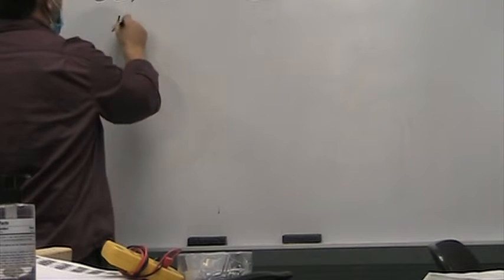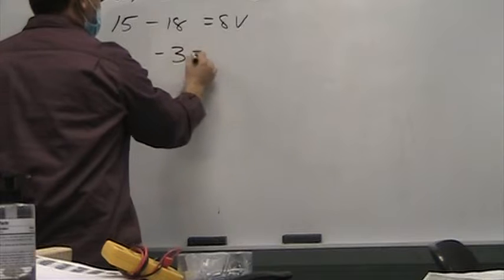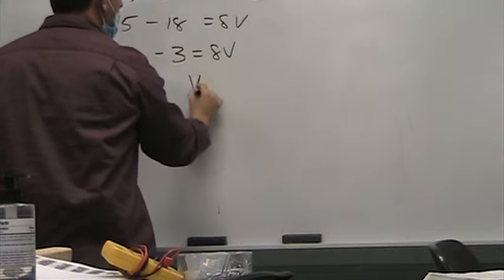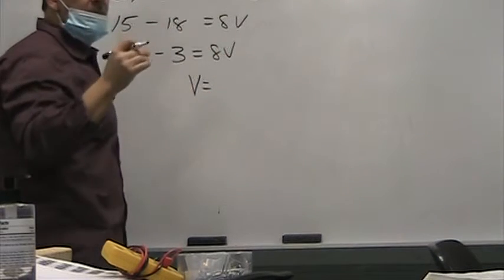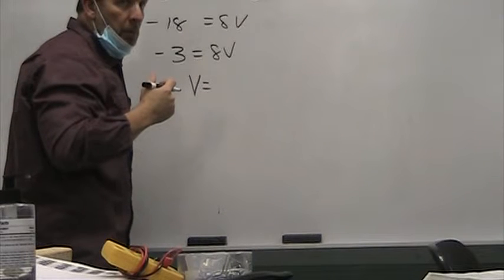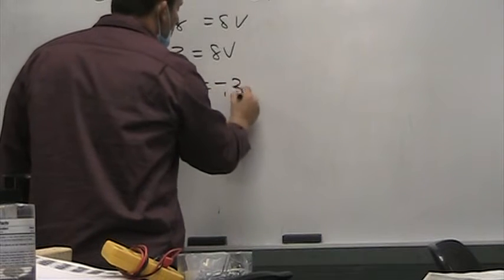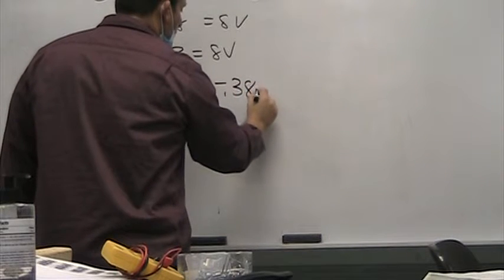Now watch. 15 minus 18 is equal to 8v. Negative 3 is equal to 8v. So what's v equal to? -0.375. How about -0.38? Yeah. Negative 0.38 meters per second.